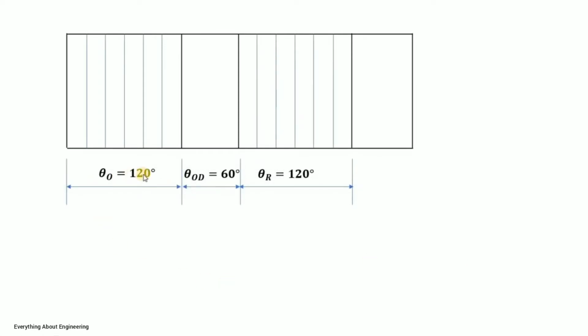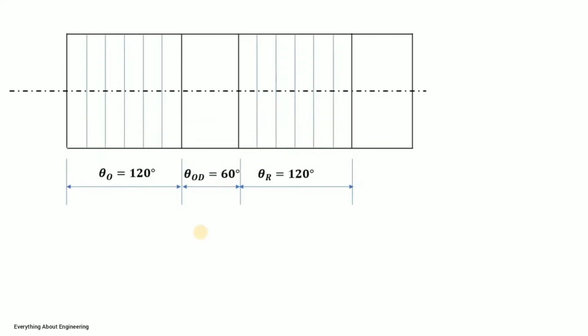We are not considering the return dwell part, so we are concentrating only on these three angles for drawing the displacement diagram.